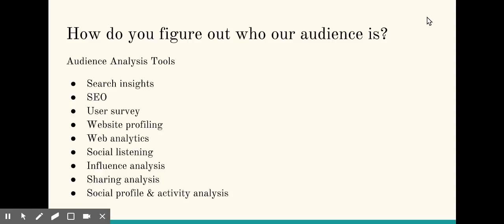SEO, again, is search engine optimization, and there are a lot of SEO tools that you can use to monitor, track and manage your own keyword rankings. So this is a huge industry.